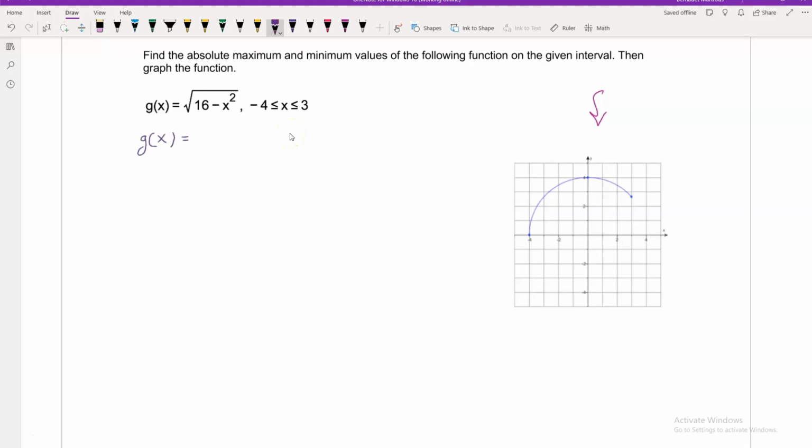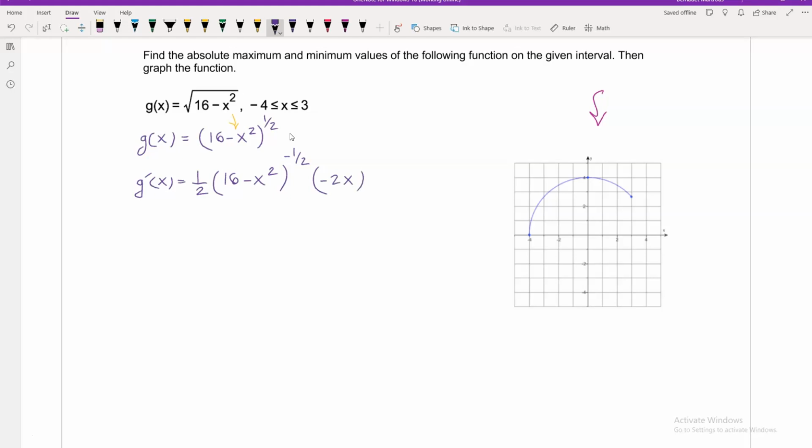So here g of x is 16 minus x squared, using an exponent, so this is to the power 1/2. Now finding g prime, that is equal to 1/2 times 16 minus x squared, with power 1/2 minus 1, so this is -1/2, times the derivative of what we have inside, that is -2x. So this will multiply by -2x.